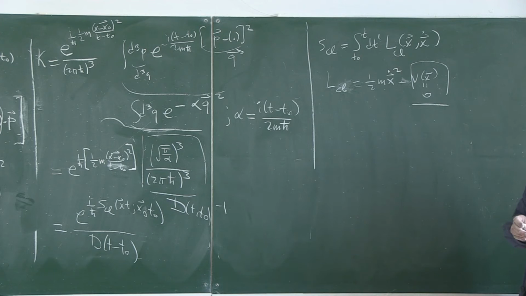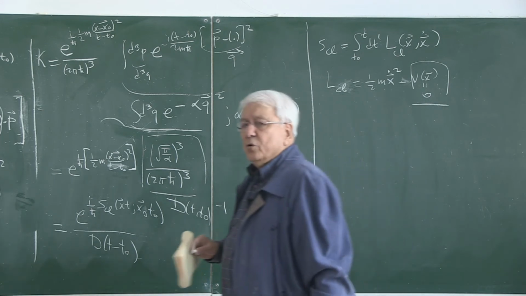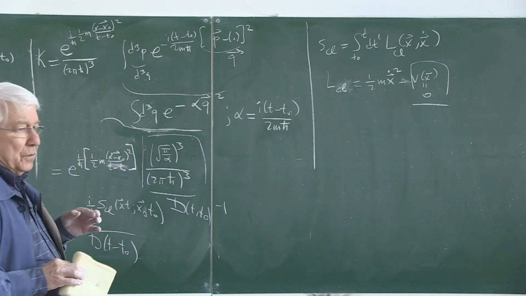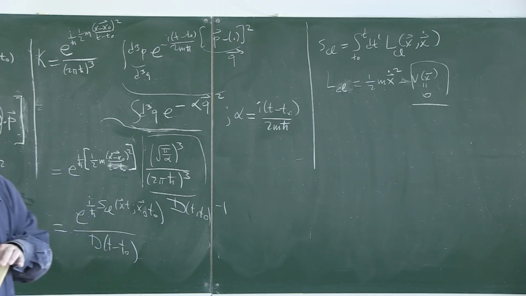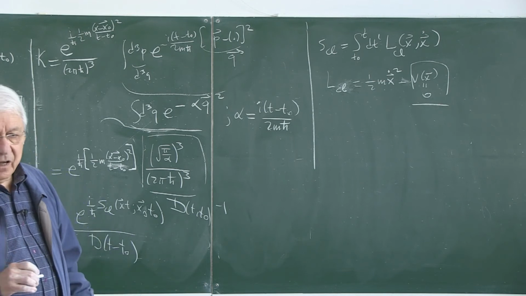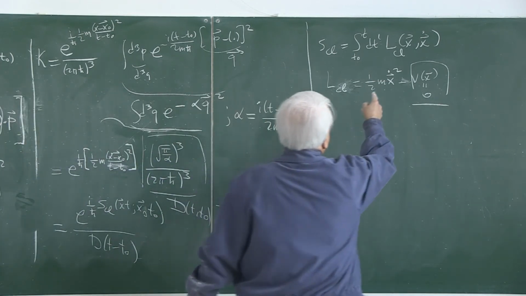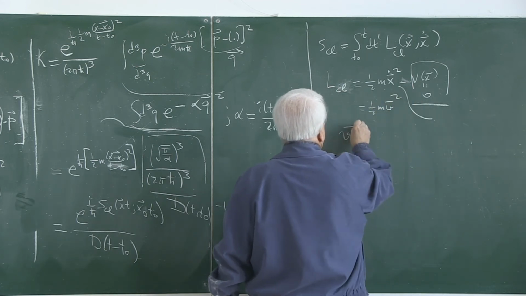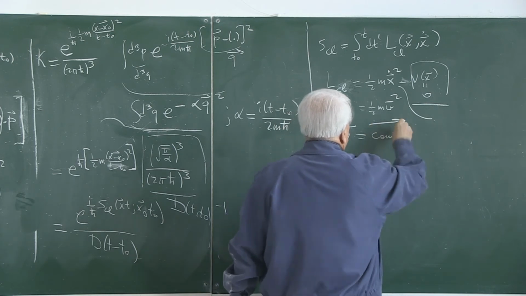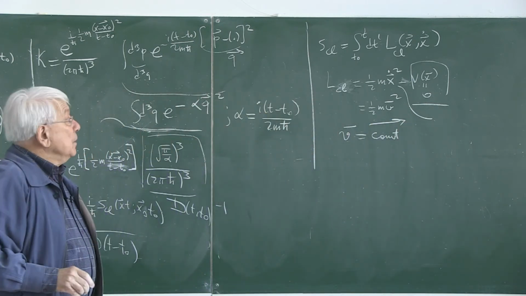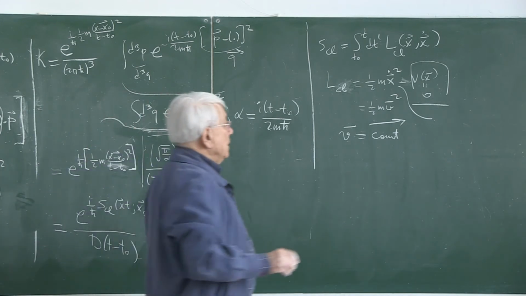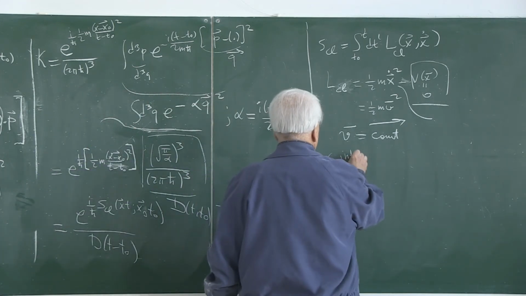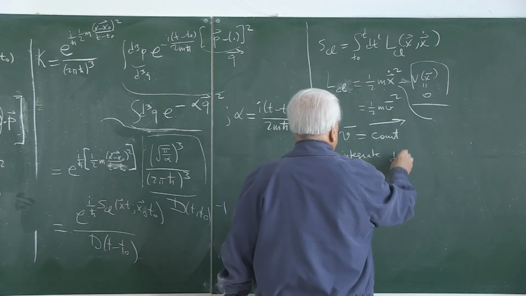For the free particle, the equation of motion of any kind, from Newton to Lagrange or Hamilton or Poisson, tells you that v is a constant. dp/dt is equal to 0, so p is equal to a constant. M times v is a constant, so v is a constant. That's the Lagrangian, 1/2 m v squared, and v is a constant. We put the vector on it. So how do you integrate this? dx/dt is a constant.